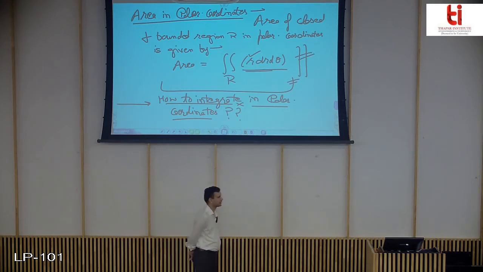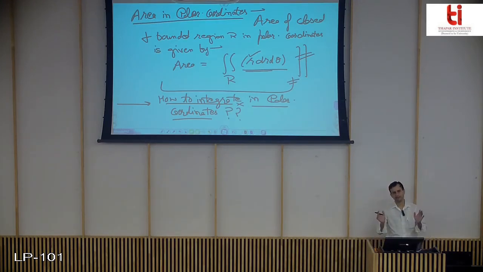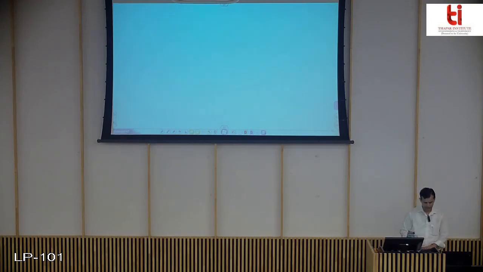But there are some things we must be careful about while finding the limits of integration in polar. Otherwise the strategy is the same, that we will be considering some imaginary line crossing through the region. So the overall concept will be the same, with a few changes and some precautions we have to take. So let us start with an example.